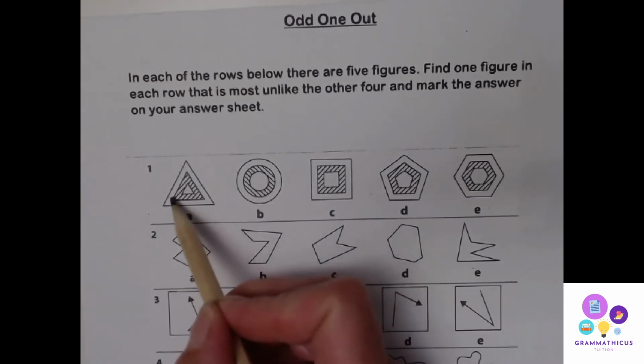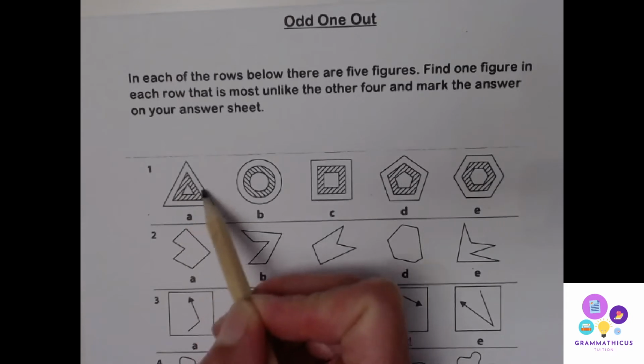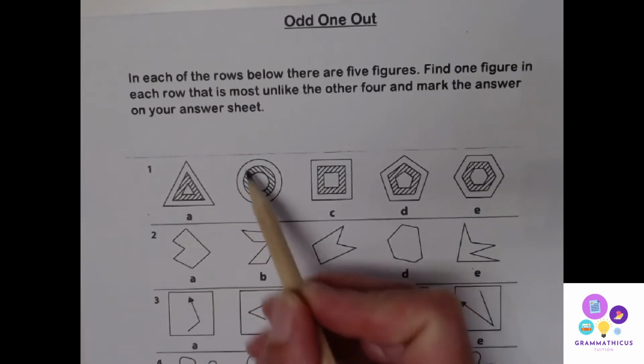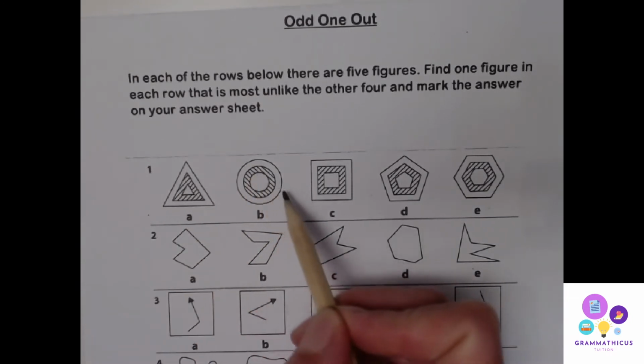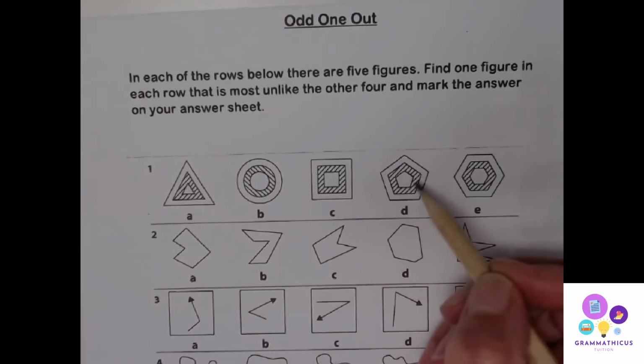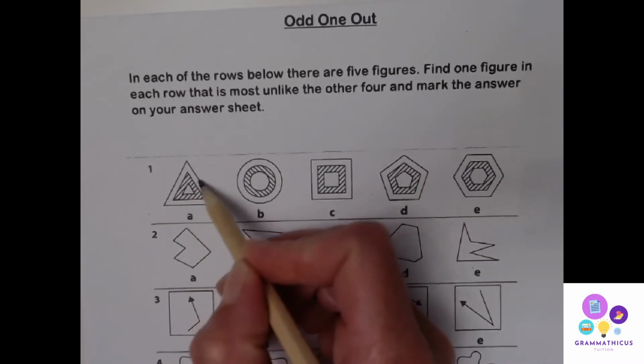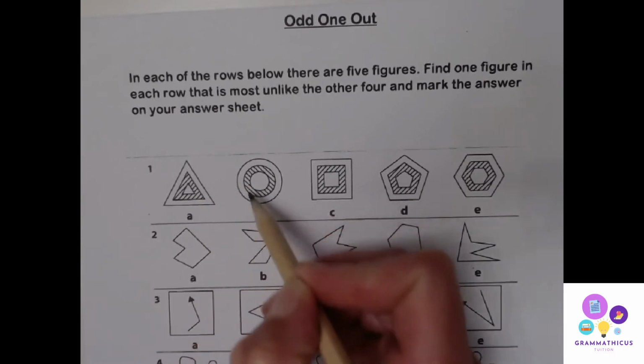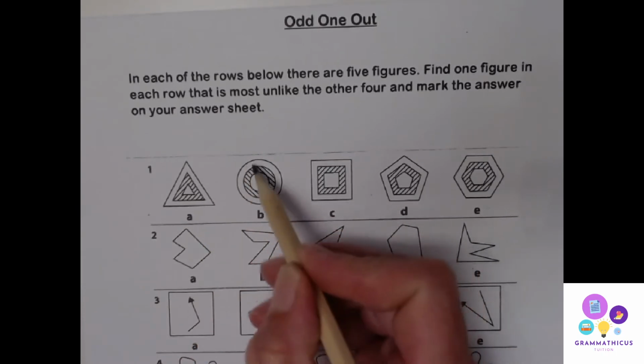Something my eye's drawn to is the shading, and I can see I have this dashed shading all the way through on each one. Now you can probably see that I'm running my pencil following it. And when I get onto B, my pencil moves in the other direction.